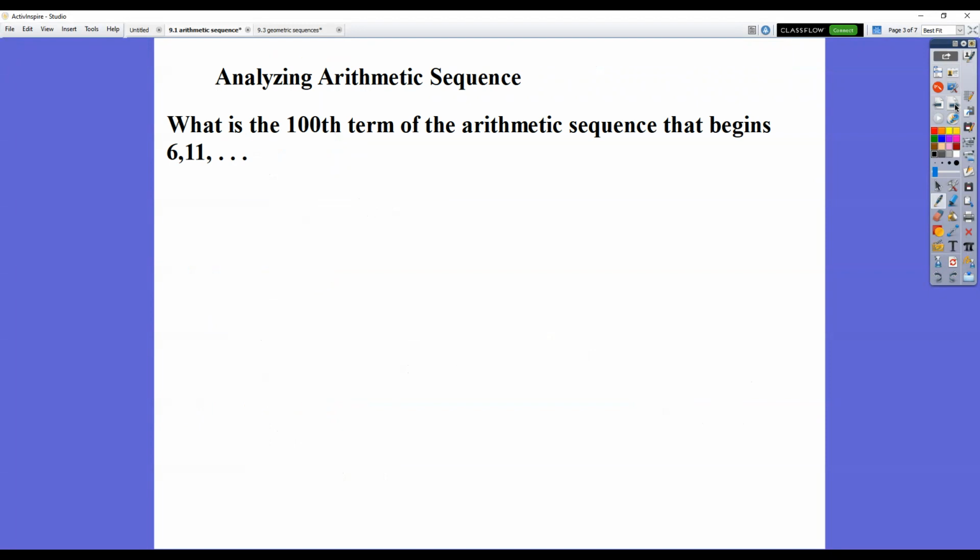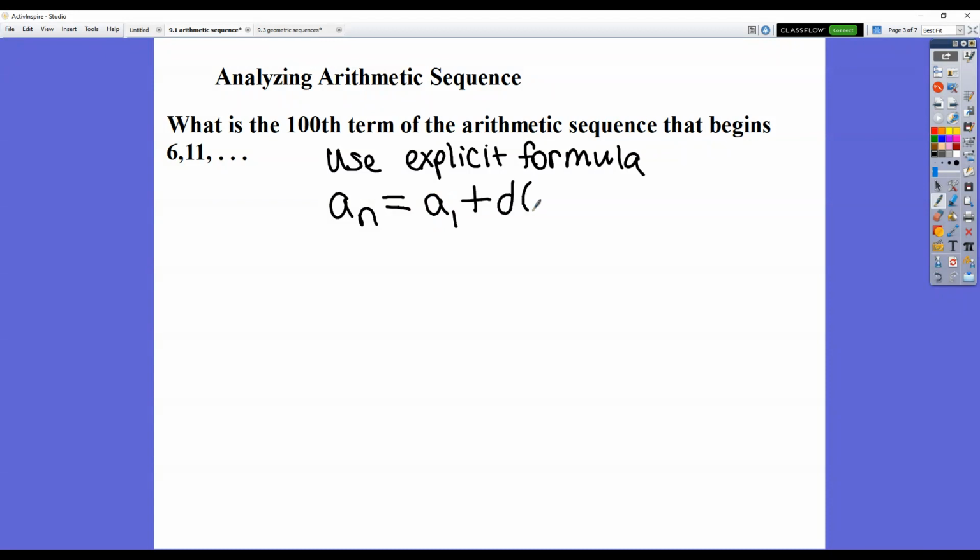Okay, analyzing an arithmetic sequence. What is the 100th term of the arithmetic sequence that begins 6, 11, ...? Okay, so use the explicit formula if you want the 100th term. A sub n equals A sub 1 plus D times n minus 1.